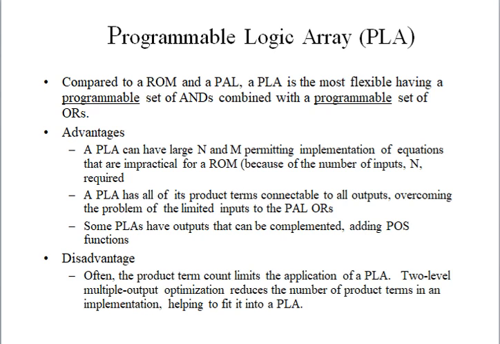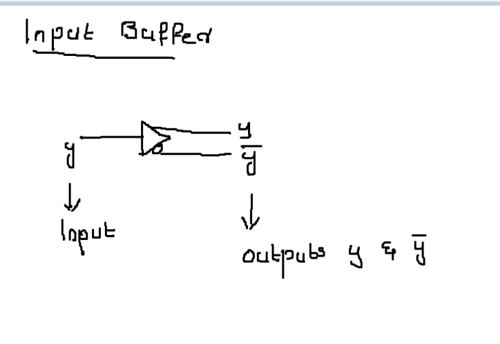After finding the Boolean function, in the second step, we have to identify the number of input buffers. As I mentioned earlier, we have three inputs in this example, so we need to have three input buffers. What is an input buffer? We can represent the input buffer like this.